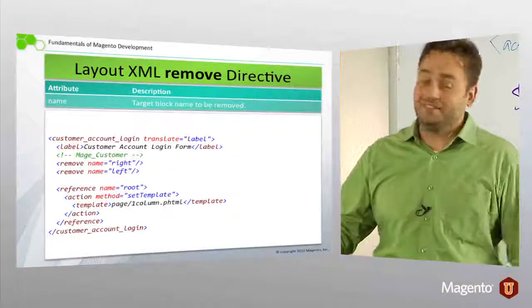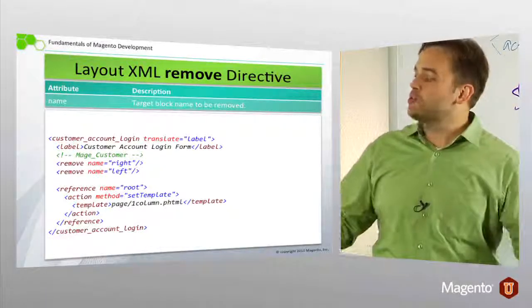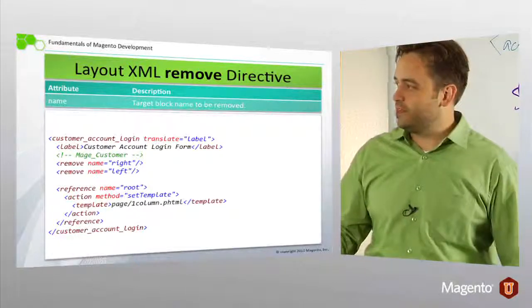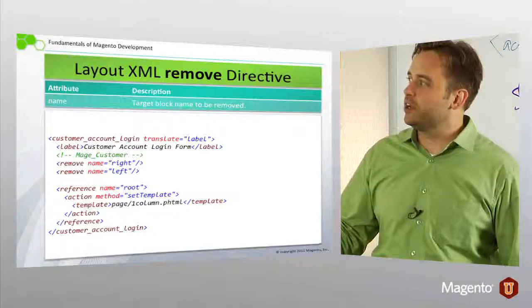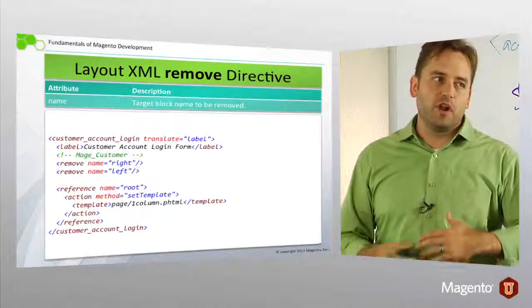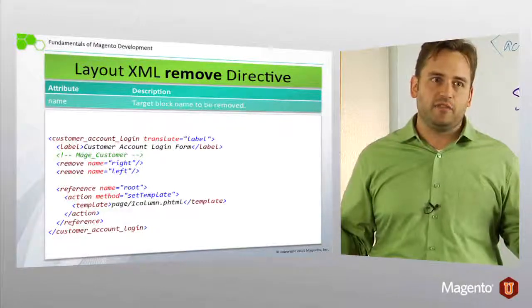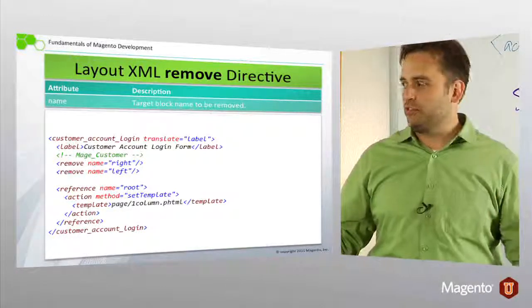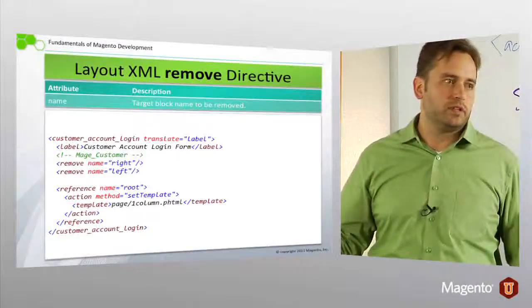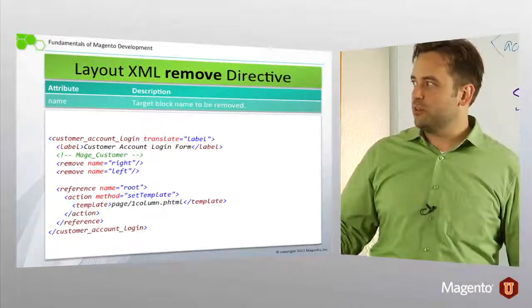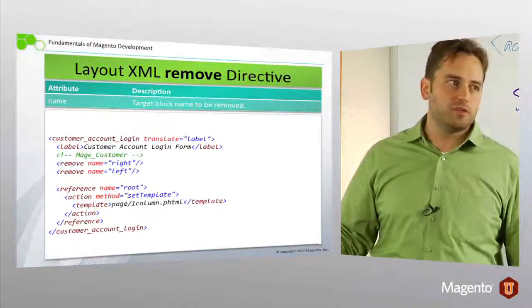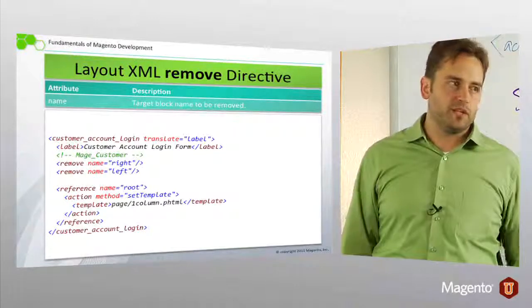Actually, no, I'm sorry, that's a bit crass, because what's happening here is once we remove that, we're not going to bother instantiating any of those other objects. There's a little bit of efficiency to be gained here. So any other blocks contained in those blocks would never be instantiated.